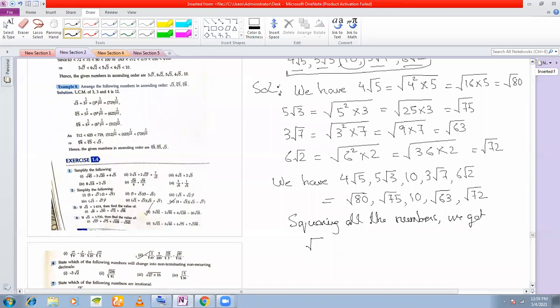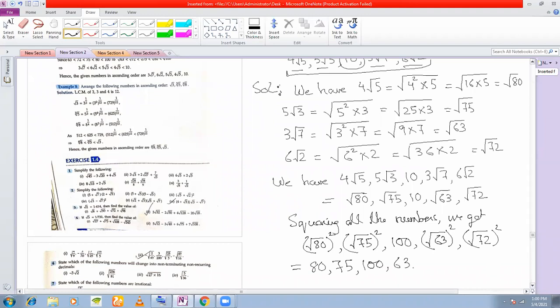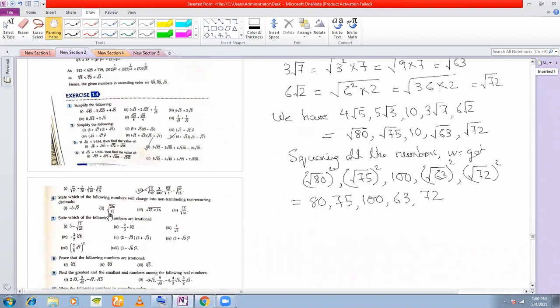We get root 80 square, root 75 square, and 10 square, which is 100. You get root 63 square, and root 72 square, which is same as 80, 75, 100, 63, and 72. So now all these have become rational numbers.